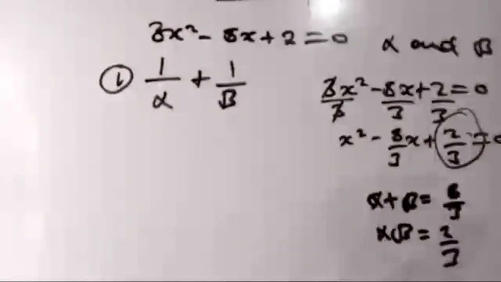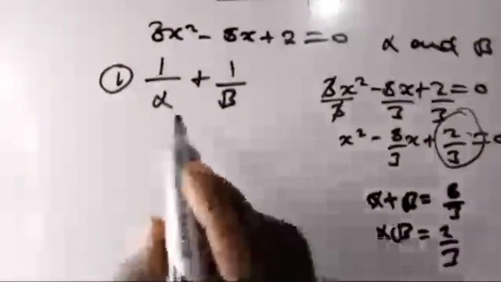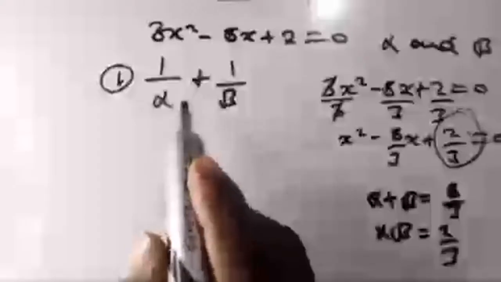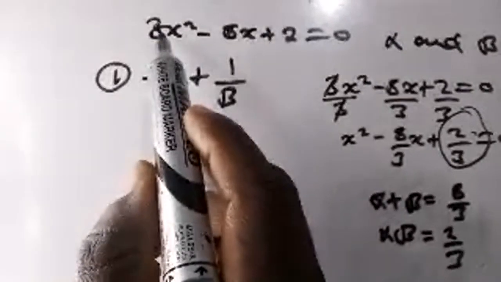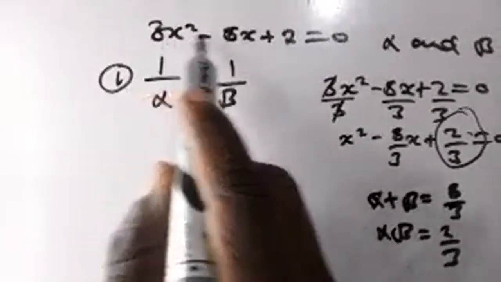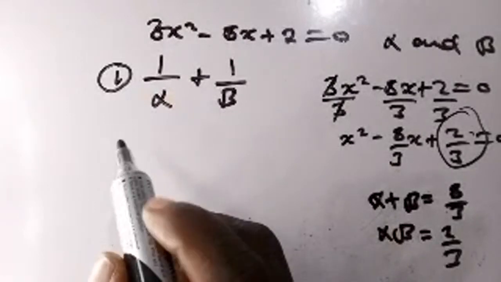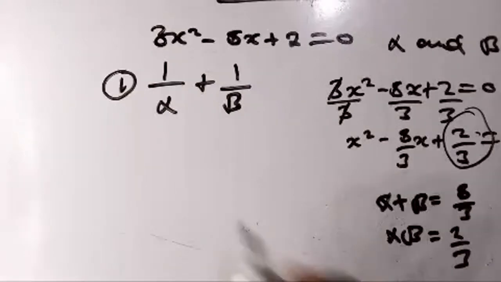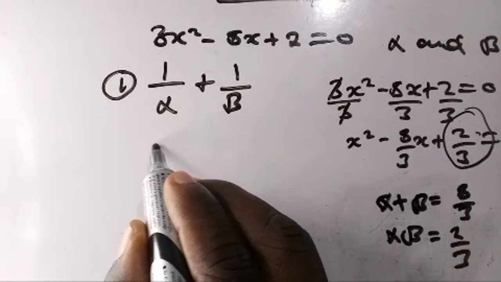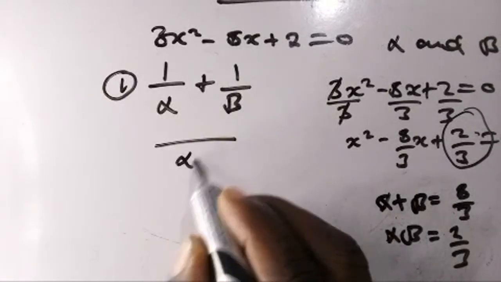So now let's work out example 1 which we are having here, because for you to solve this question, you have to analyze this quadratic equation. We have found that alpha times beta is 2 over 3, and alpha plus beta is 8 over 3. So now here we're going to look for a common denominator, which is alpha beta.